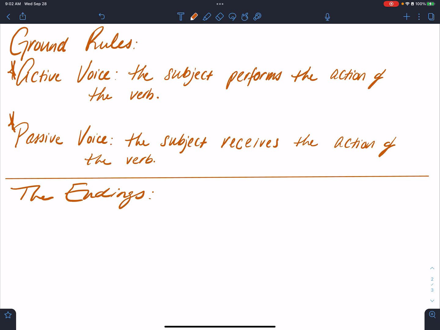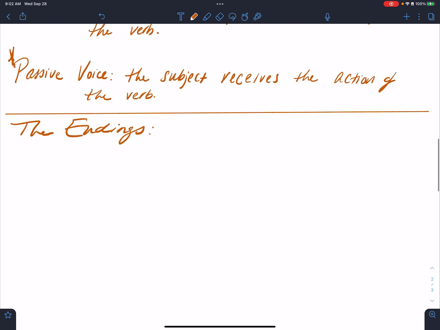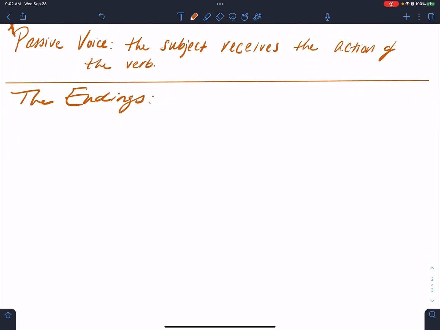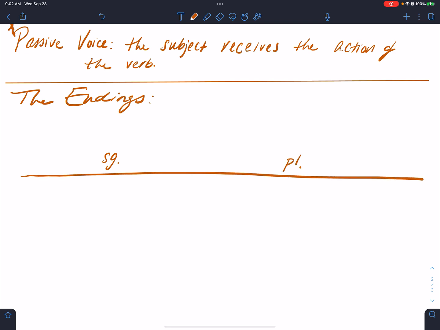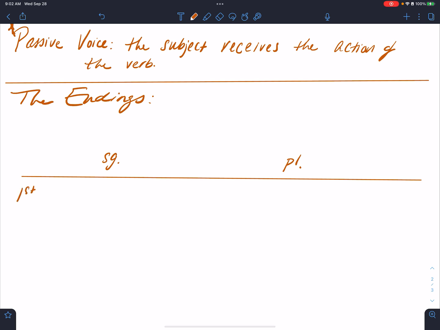So this is super easy. Let's just build a chart. We've got our singular and our plural over here. Then we've got first person, second person, and third person.